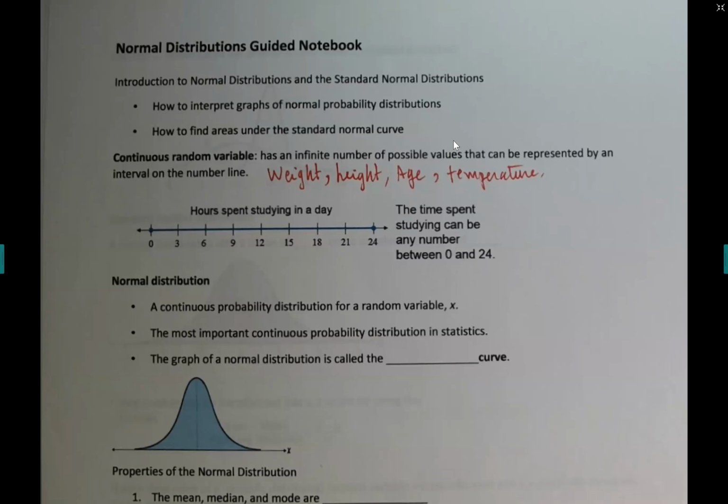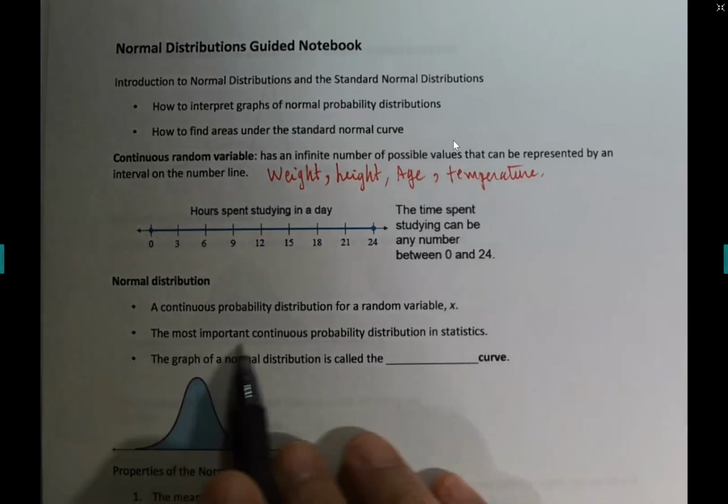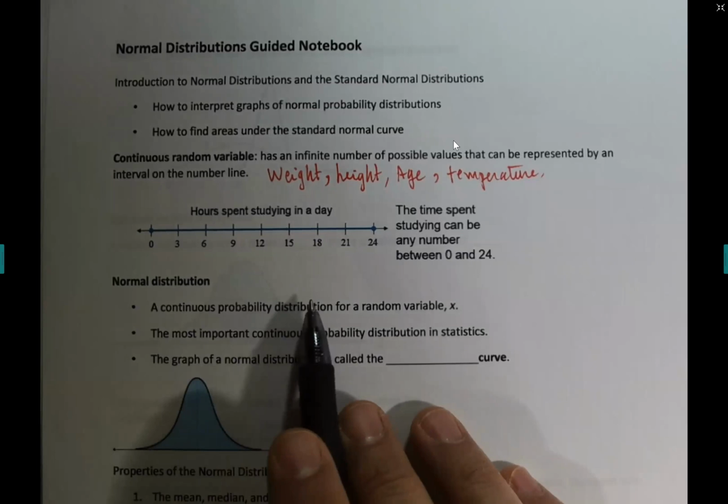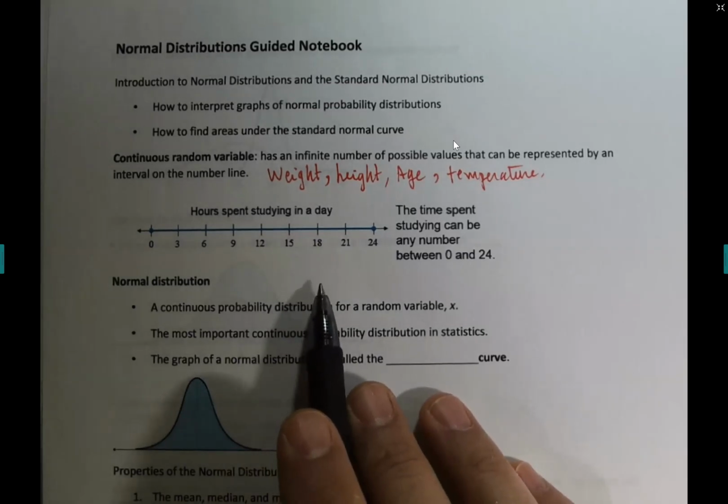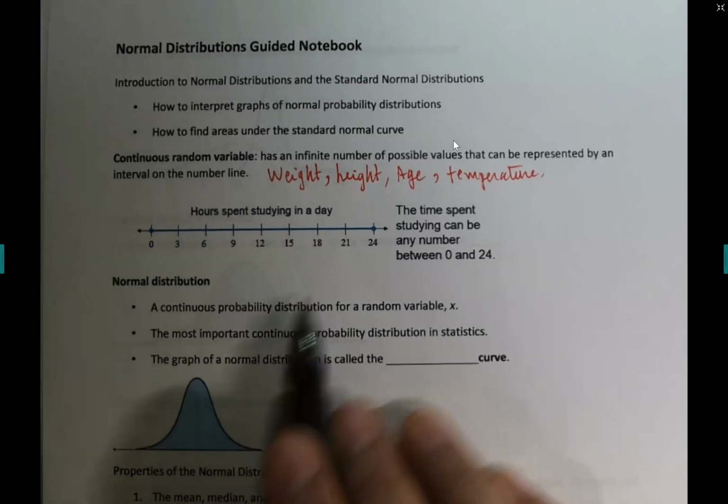I'm going to go very slow, guys, with this chapter so you can pick up every bit of it. So the first thing that you need to know is what a continuous variable is, and we will be using data collected from continuous variables only in this chapter. All right. It is the most important. So we'll be talking about distributions of continuous variables, bell-shaped distributions.